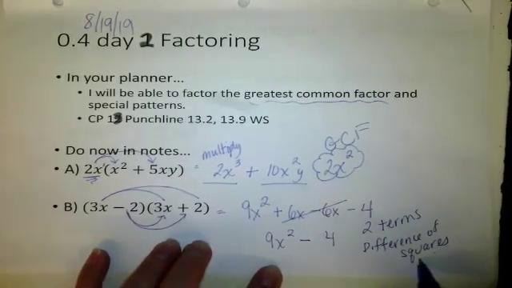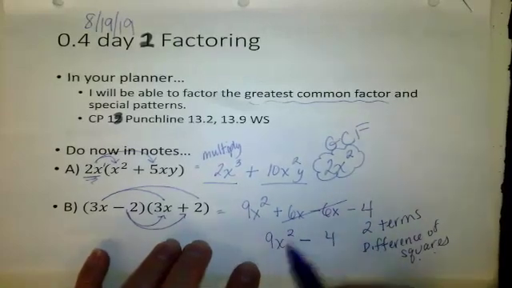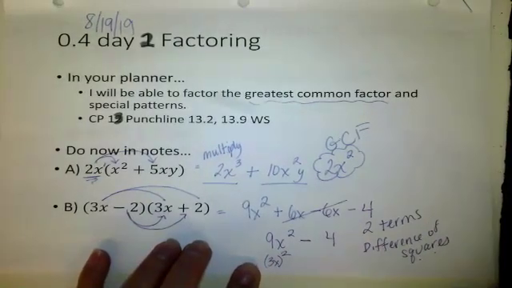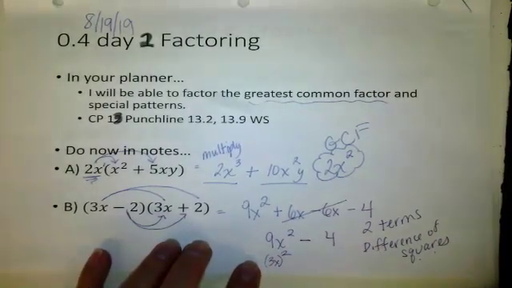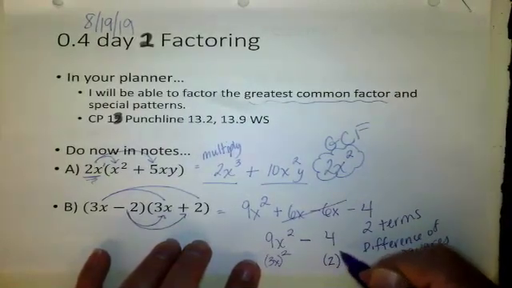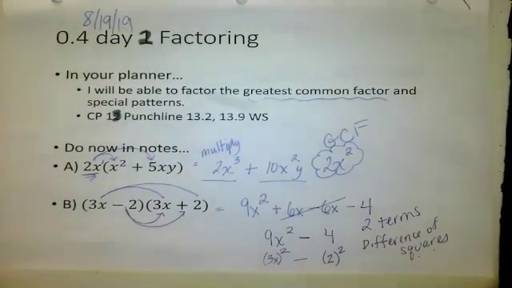And then squares refers to their perfect squares, meaning this is 3x times 3x, or 3x quantity squared, which gives you 9x squared. And 4 is a perfect square, 2 times 2, or 2 squared. And so this has a very special name. It's difference of squares, and I'm going to use that phrase a lot.